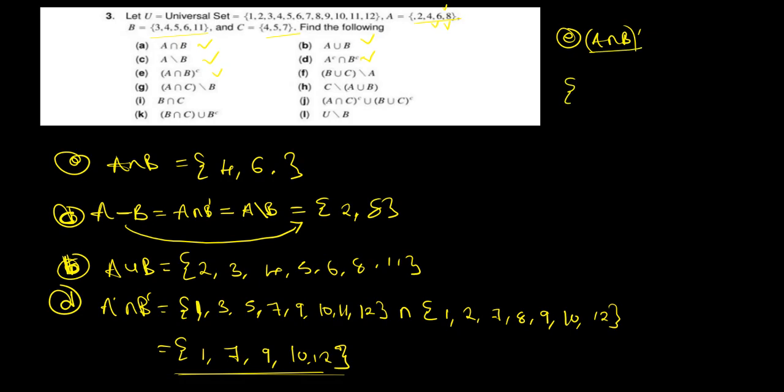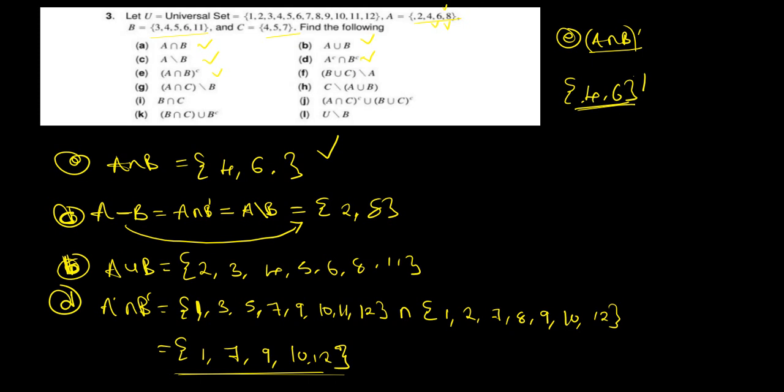Alright. A intersection B is having the numbers 4 and 6, right? So we saw here that's A intersection. So I'll put 4 and 6 like that. Alright. So now a complement of these guys. Meaning that we want to list with reference to the universal set, but excluding 4 and 6.